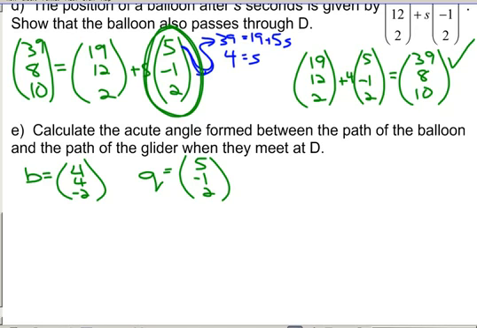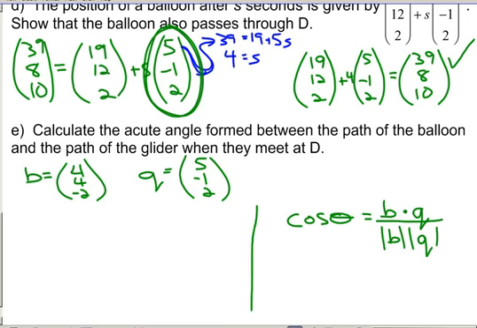I know if I want to find the angle between them, I have to look at the dot product. So B dot Q over mag B, mag Q. This angle between vectors formula is given to you in your formula booklet. So I'm going to need to find the magnitude of B, which I actually already know is 6, because it represents 6 meters per second.